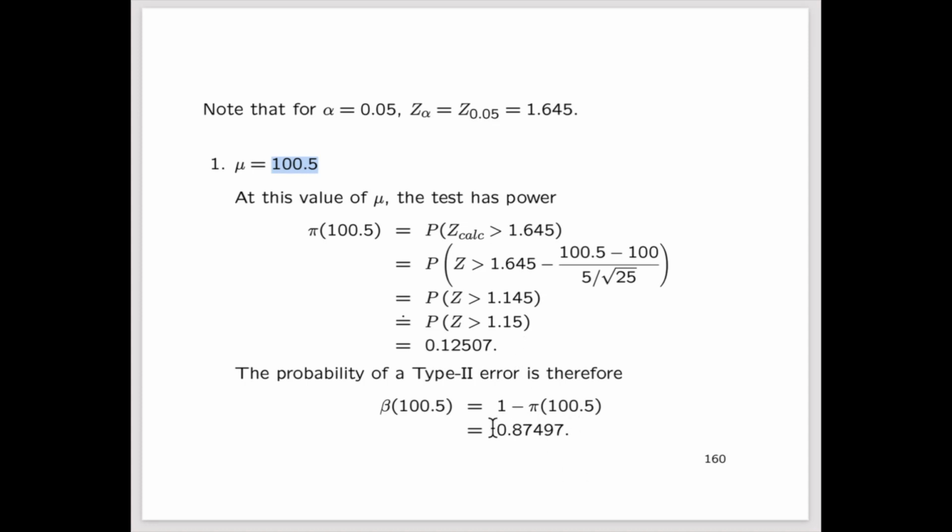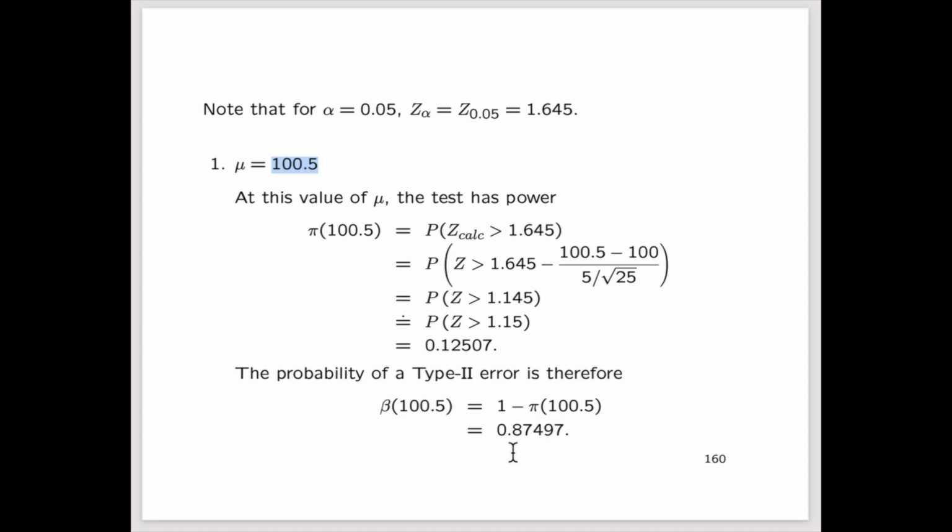There's a very high probability, approximately 0.87497, or about an 87.5% chance that we would get a hold of a sample that would lead us to conclude that the null hypothesis is true.